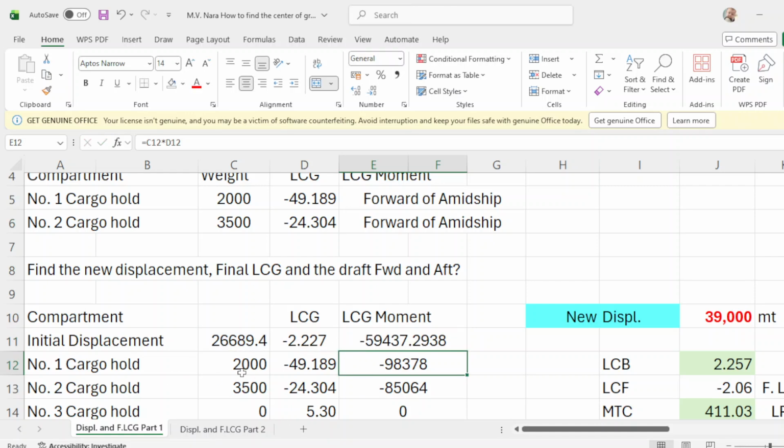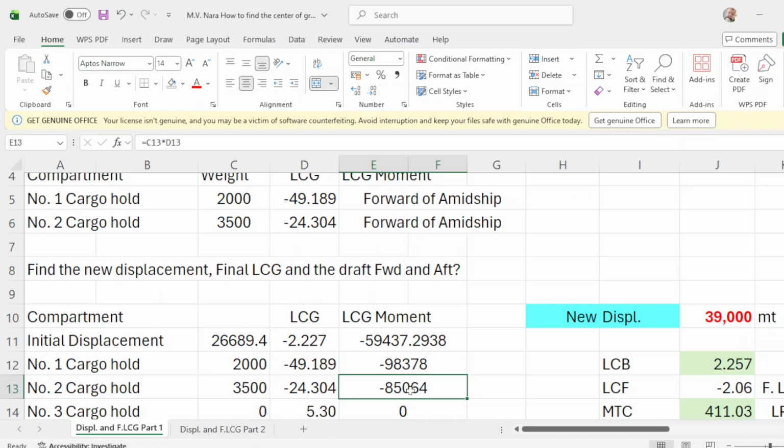In hold number 1, put equals, click 2,000, multiply with the LCG of hold number 1, press enter, and you get negative 98,378.